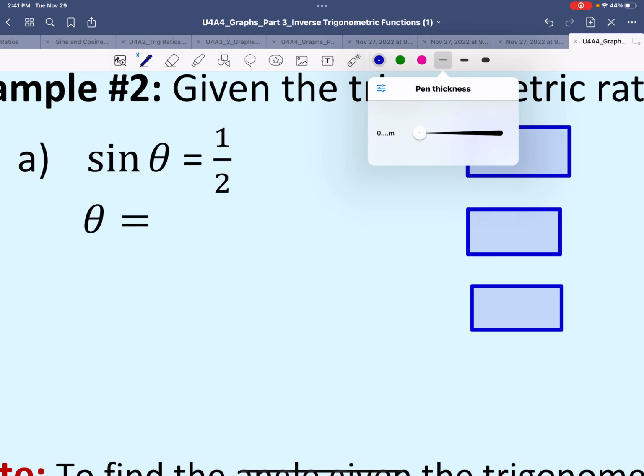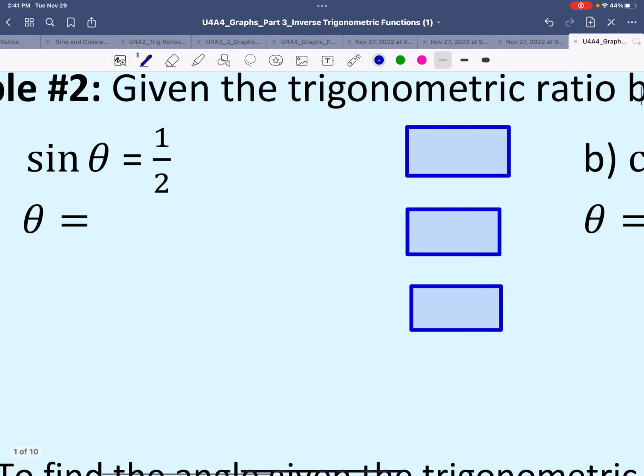So remember that the button that we use in order to evaluate theta in some calculators will be the second. That's exactly what is written on that key on the keyboard of your calculator, or the shift, and this would be the more accurate way of describing what that button does, so the inverse.